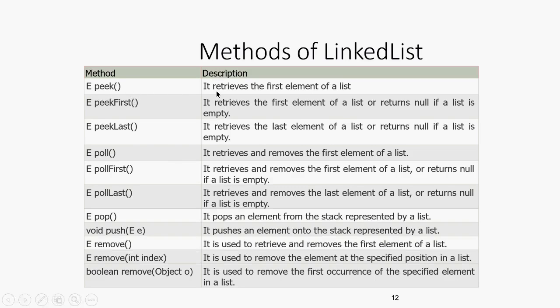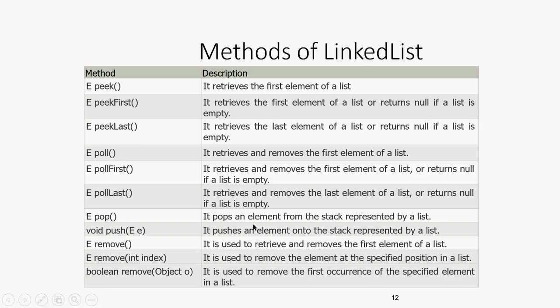Peek just retrieves the element; it is just fetching and showing you that this is the first element. But poll not only retrieves it, it also removes it. Once after the polling, you will have a fresh first element, and the previous first element was removed. Then pollFirst and pollLast just remove the first element or the last one.